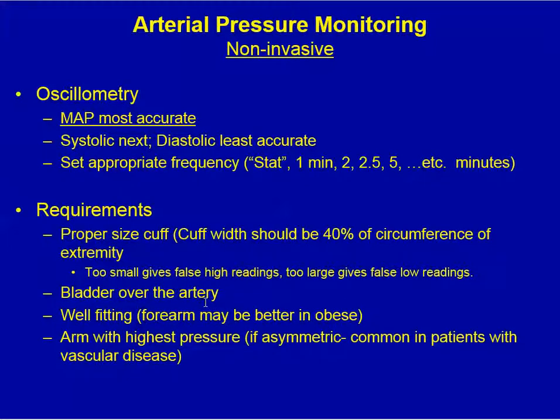It's desirable to have the bladder directly over the artery so you get good oscillations. It should be well fitting, and in obese patients, often putting it on the forearm gives a better fit than the upper arm. And finally, because many of our patients have vascular disease and have subclavian stenosis, you should place it on the arm with the highest pressure.